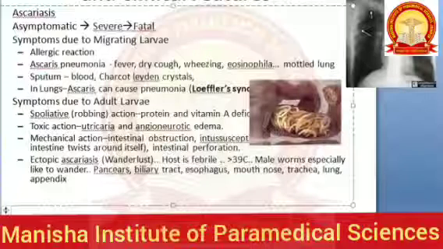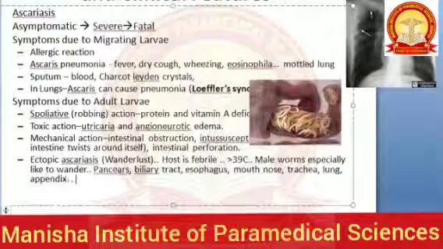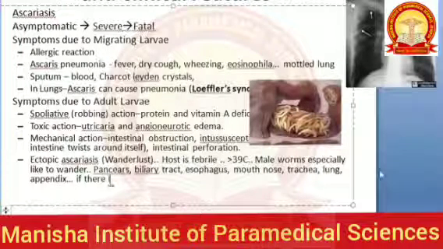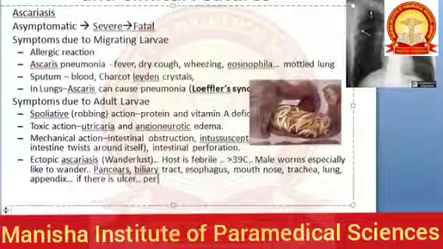Perforation generally occurs at weak spots such as typhoid or tuberculous ulcers. Whenever there is an ulcer, they go to the peritoneum, causing peritonitis.